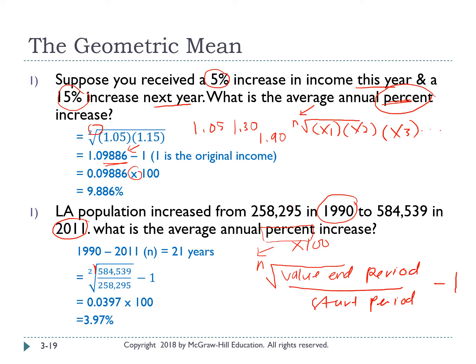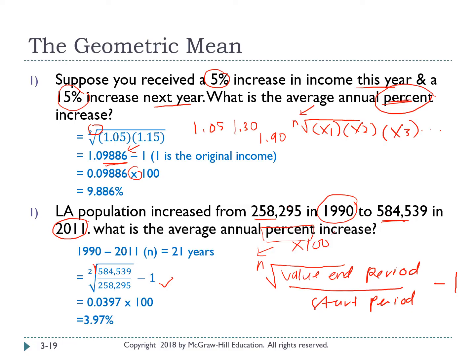So what is the value? The value is 584,000, over the value of the start period. The start period is 1990, so over 200 something. Okay. And later on you have to minus 1. When you compute this, you will get the value of 0.0397.